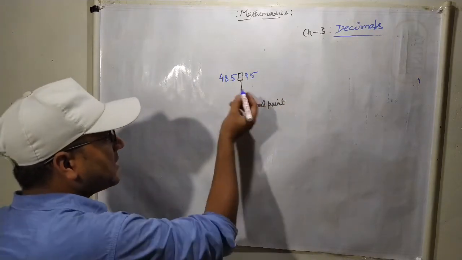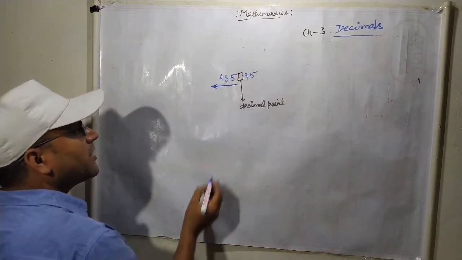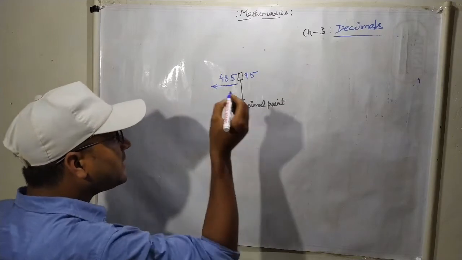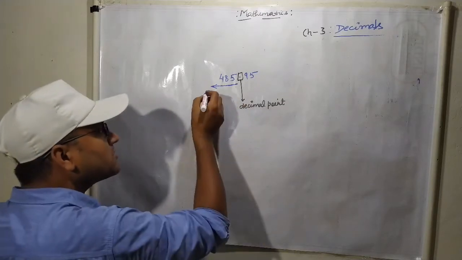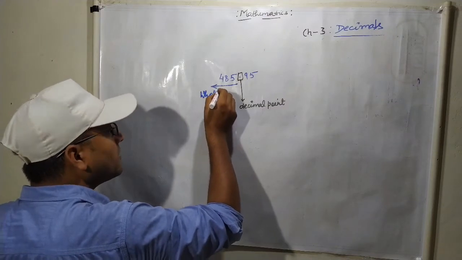Before this decimal point, this part is known as the whole part or integral part.